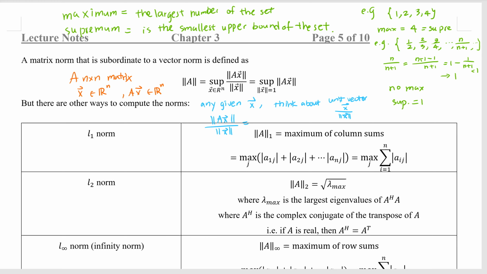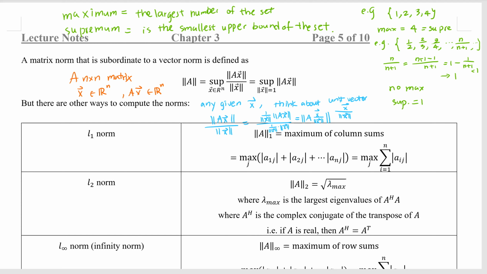And now Ax over the norm of x. Well, we can divide it by 1 over the norm of x there. Here we can also divide it by 1 over the norm of x. Now what do we get? We can move the norm of x inside, so we have A times this guy.